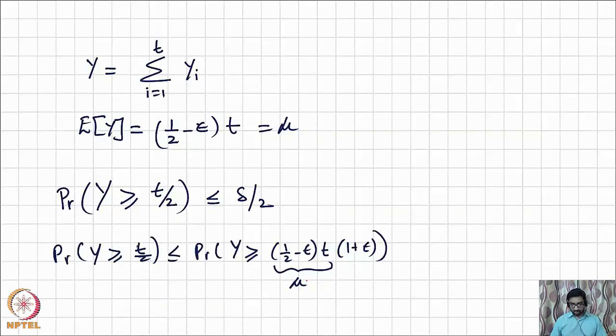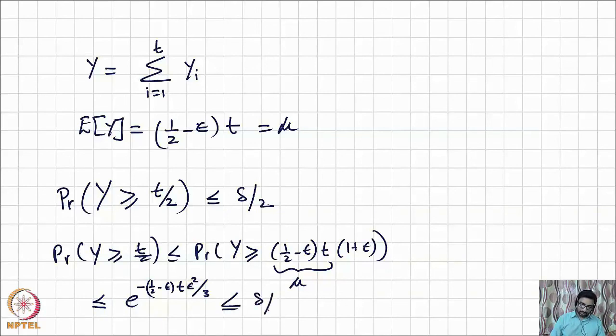So applying Chernoff bounds, we look at the probability that y is greater than or equal to t by 2, and we rewrite it as the probability that y is greater than or equal to half minus epsilon times t, that's mu, times 1 plus epsilon. This is smaller than e to the minus half minus epsilon times t epsilon squared divided by 3, and we want this whole probability to be less than or equal to delta by 2.